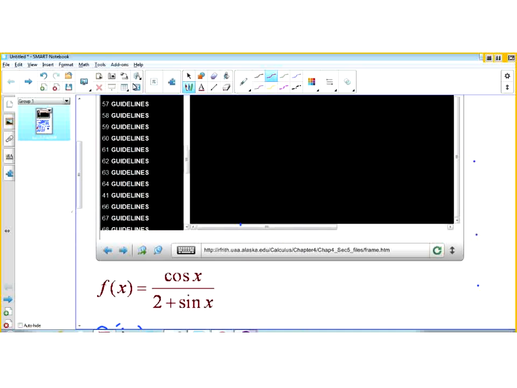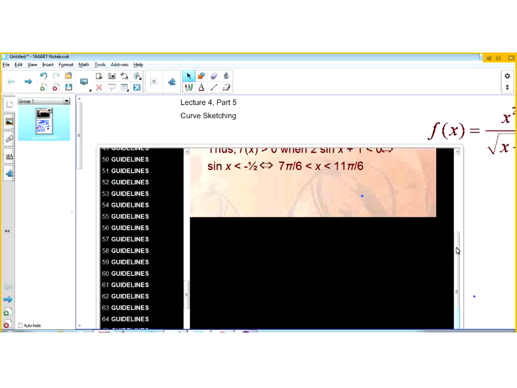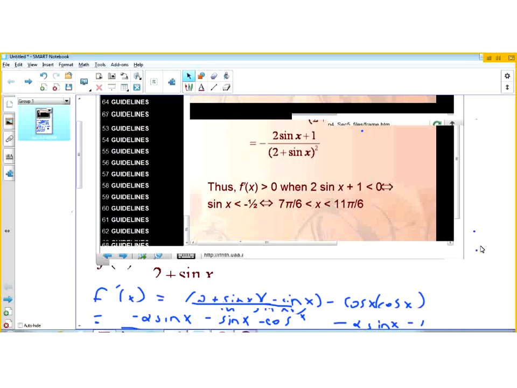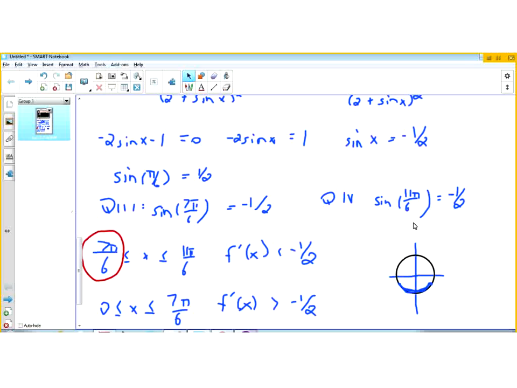what happens to f prime of x? F prime of x is greater than negative 1/2, and when f prime of x is greater than negative 1/2, what does that mean? No, not f prime of x.